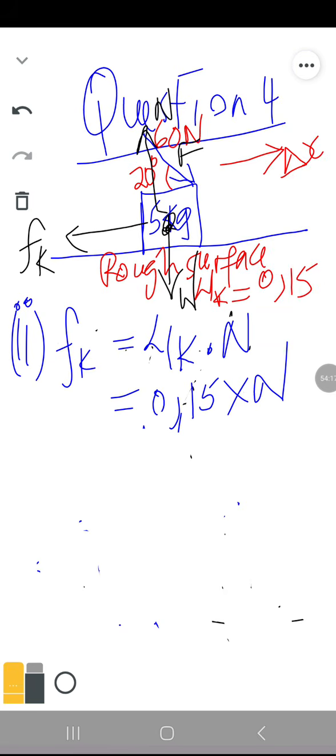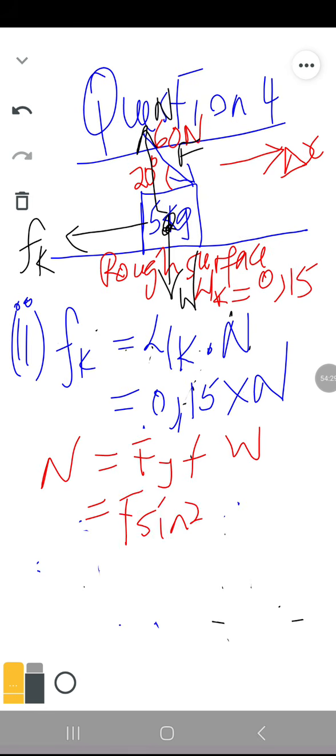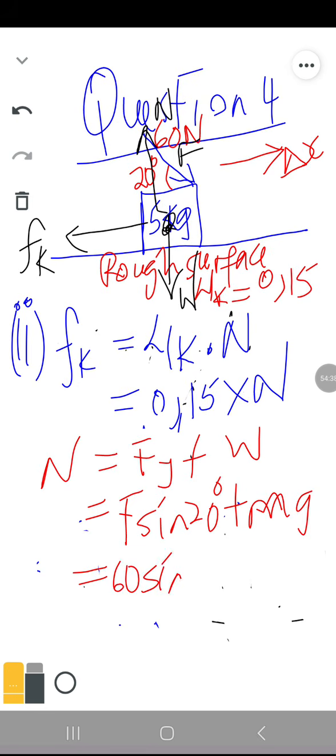We agree that normal force is equal to Fy plus weight. So remember, Fy is F sine 20 degrees, plus weight, which is mg. So your force you are given is 60 newtons sine 20 plus mass, which is 5 kg times 9.8.